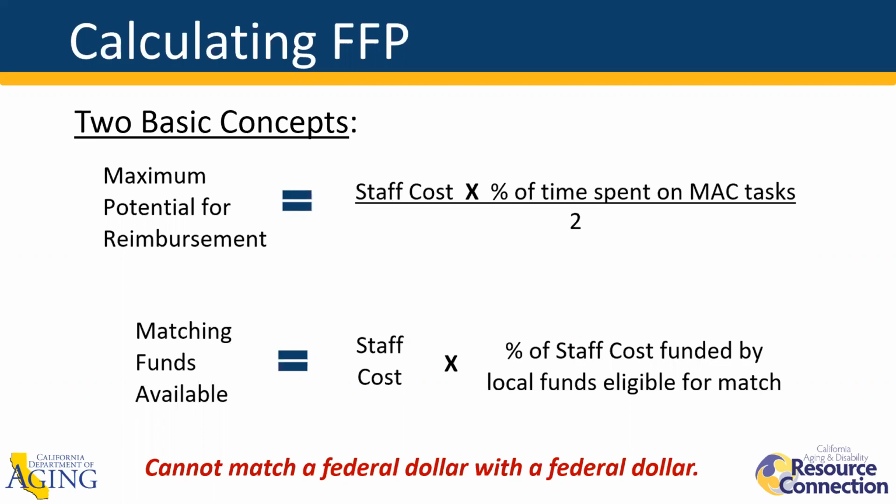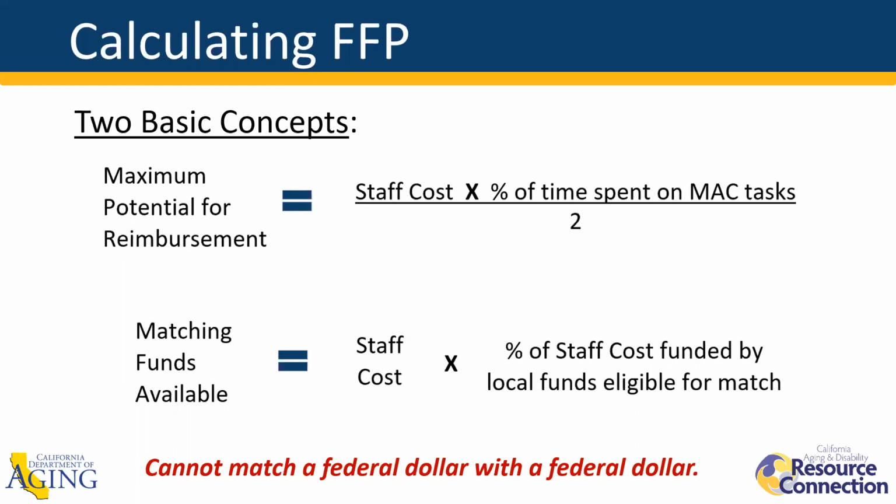The first one is how to calculate the maximum potential for reimbursement. So what we would do first is identify all staff who actually perform activities eligible for MAC. It can be staff from the AAA or the ILC or even extended partners. Well, for each one of those staff, we would individually calculate how much we can seek reimbursement for.